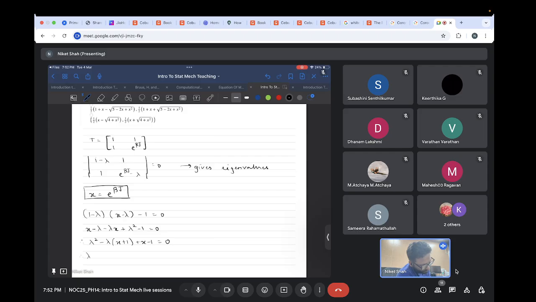Therefore, using the quadratic formula, lambda is equal to minus b, which is x plus 1, plus minus square root of b square, which is x plus 1 whole square, minus 4ac, it's 4 into x minus 1, divided by 2.